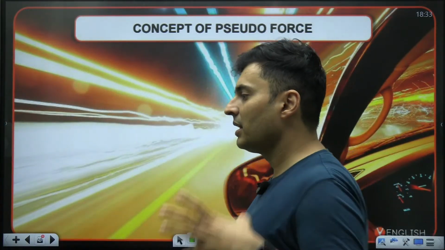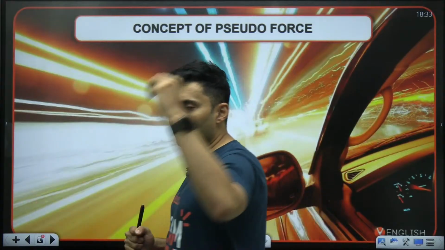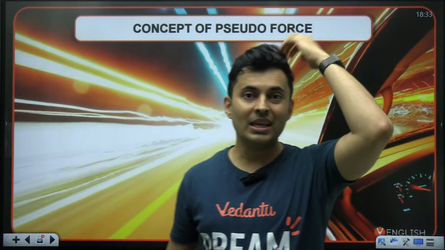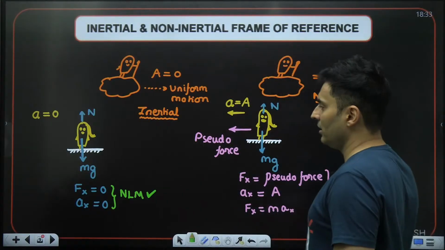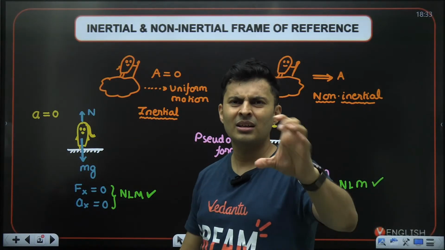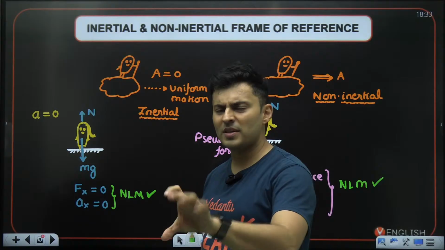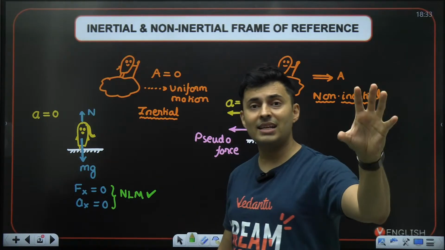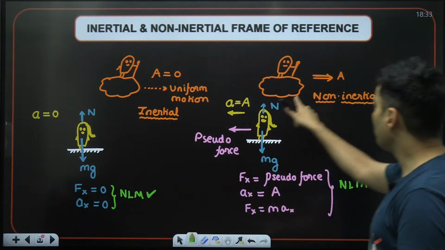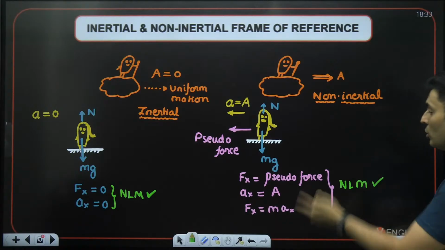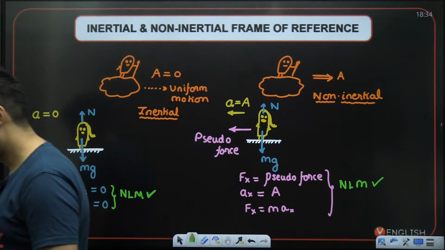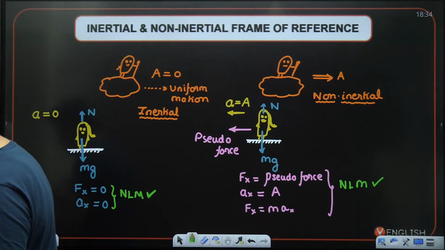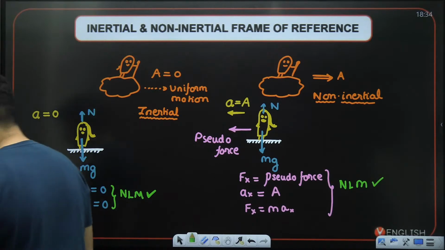It's just introduced to make Newton's laws valid in non-inertial frames. For inertial, like Earth, stationary lift, object going at constant speed, no need. But the moment it starts accelerating, if you're sitting on an accelerated body, then you need to incorporate something called the pseudo force. Yeah, I hope this is absolutely clear.